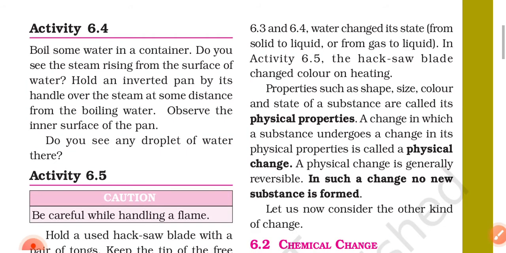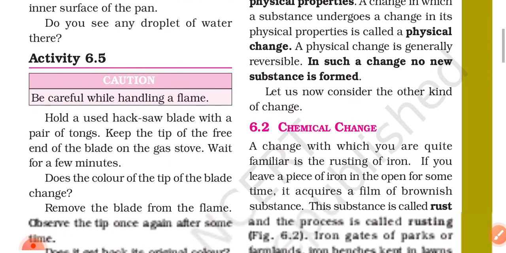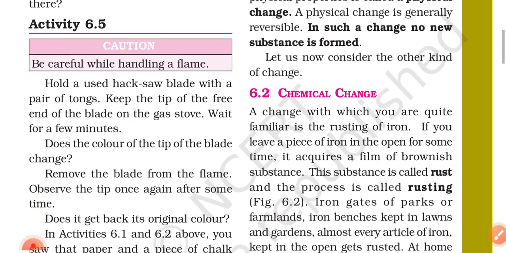Properties such as shape, size, color, and state of a substance are called its physical properties. A change in which a substance undergoes a change in its physical properties is called a physical change. A physical change is generally reversible. In such a change, no new substance is formed.